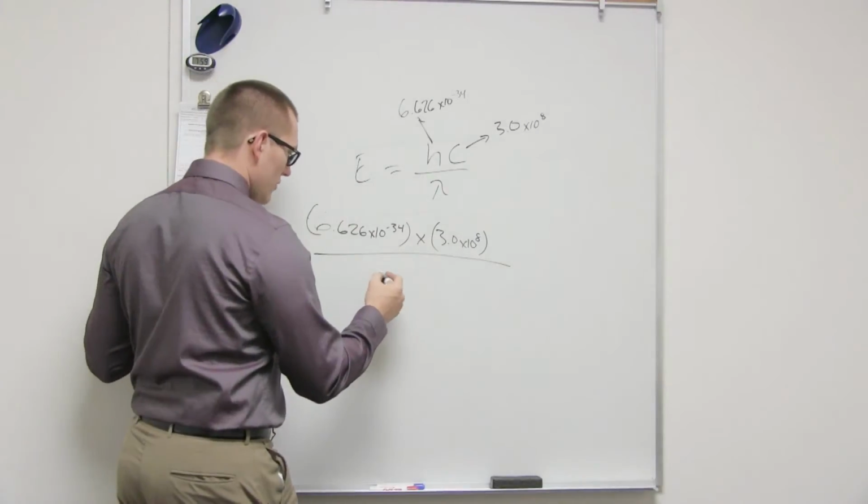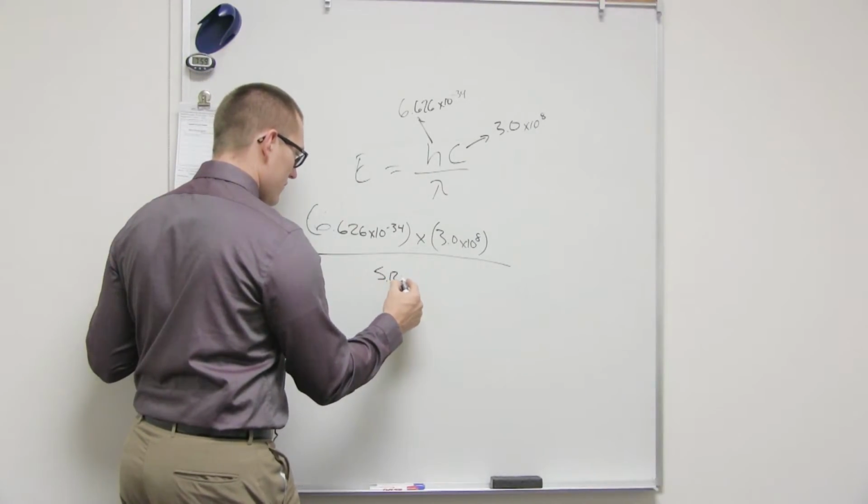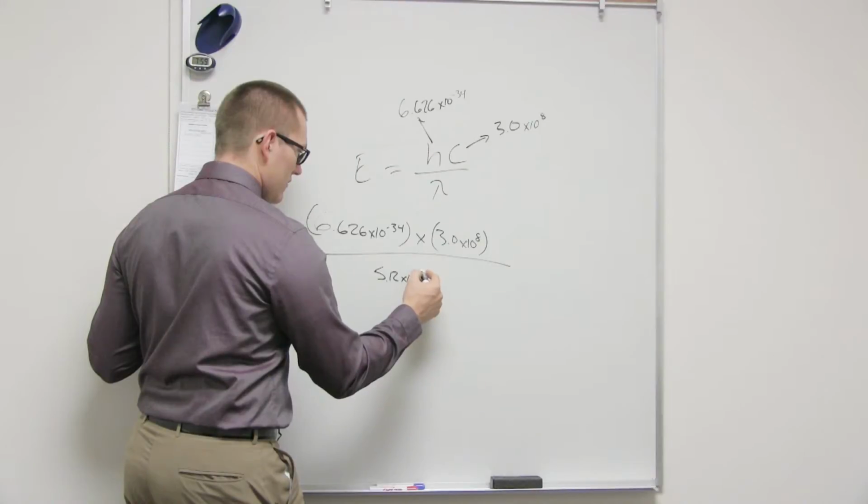And so we knew that this was going to be like 5.12 times 10 to the negative 7.